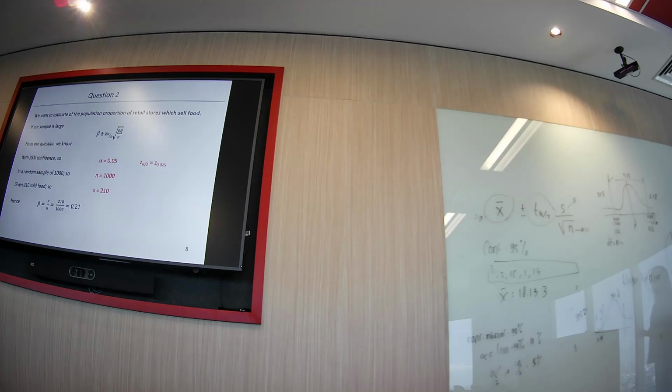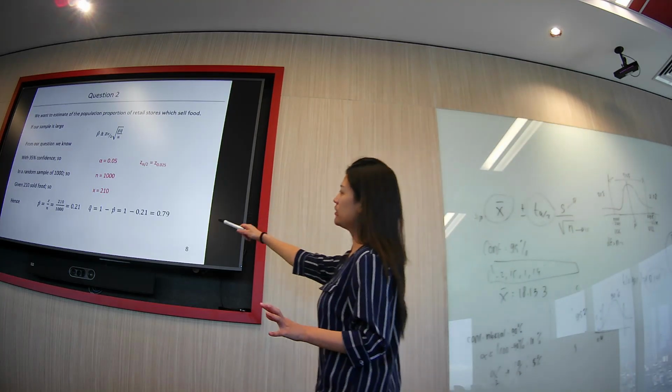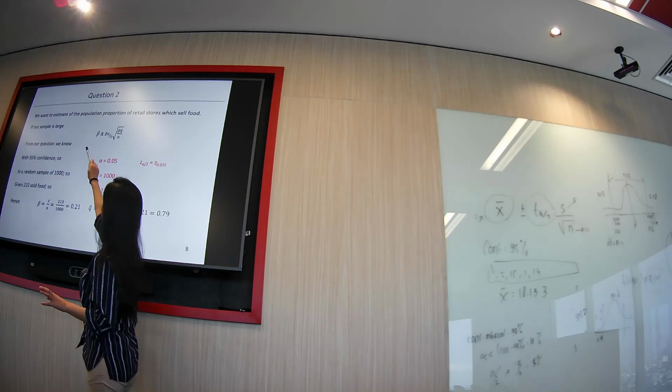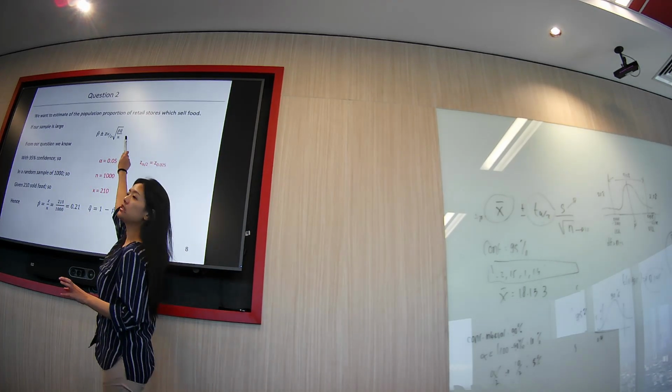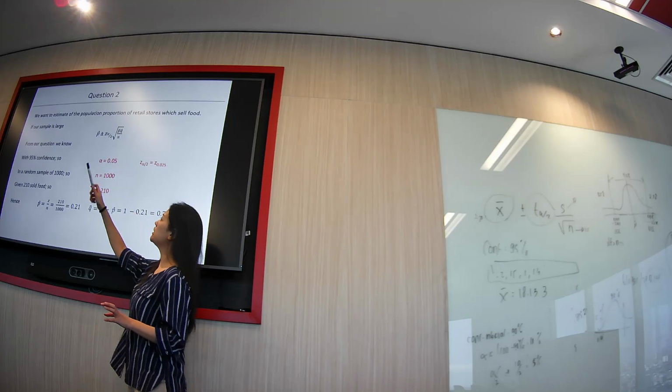And q hat is 1 minus p hat, so 1 minus 0.21 is 0.79. The formula is this one, so with all the information: p hat is 0.21, and q hat is 0.79.